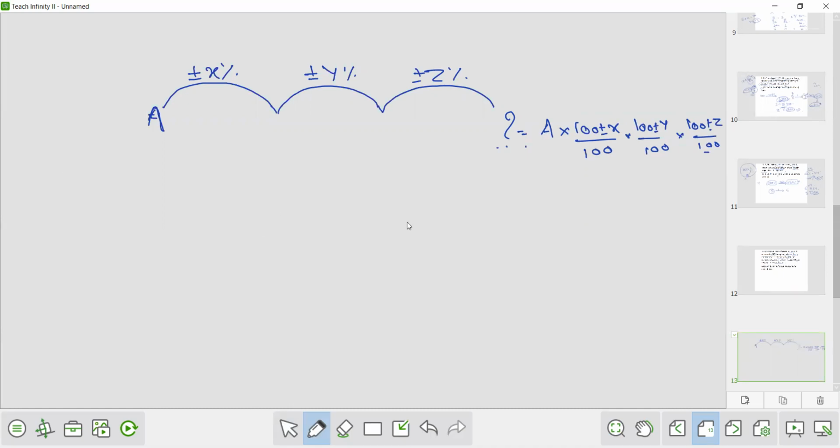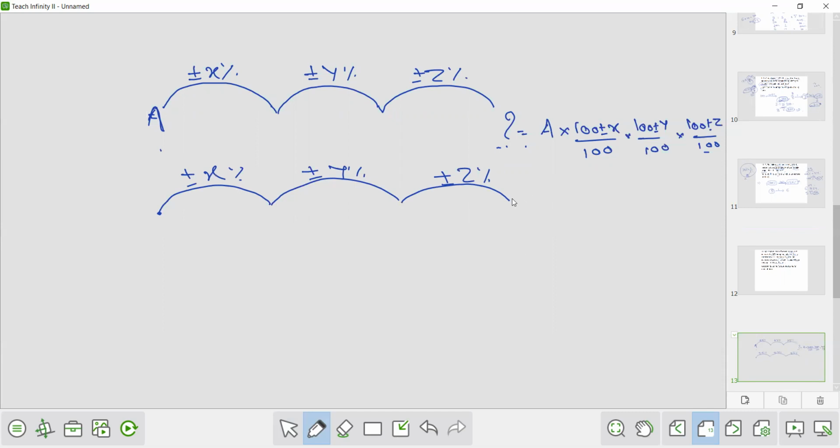Now suppose we are given the final values and we have to find the initial values. Suppose there is an increment or decrement of X%, then again an increment or decrement of Y%, and then again of Z%. This is a cycle, not till Z. You can just make another increment or decrement by K%, for as many times as you want.